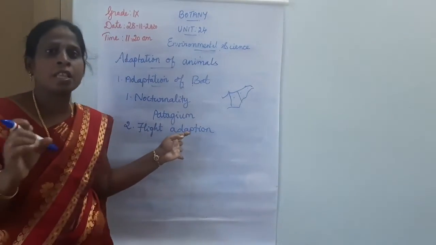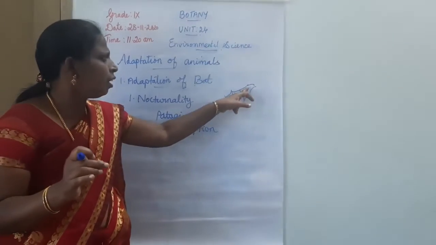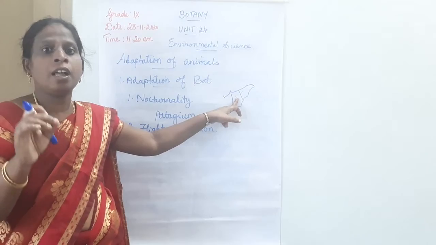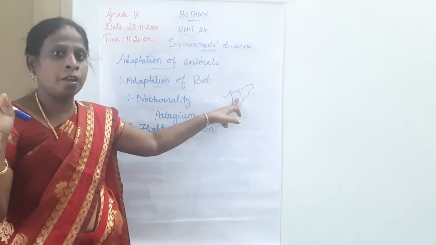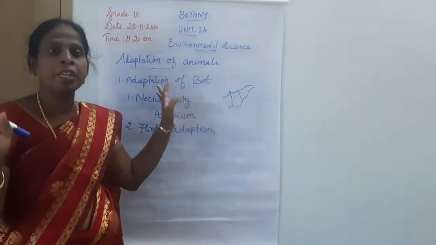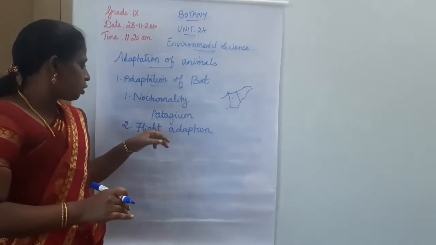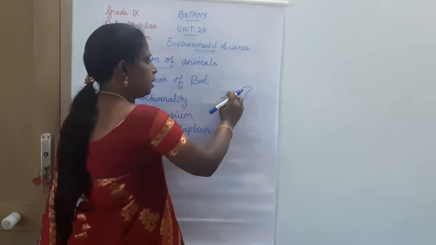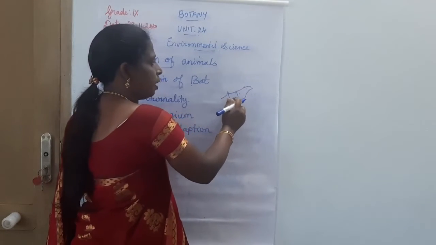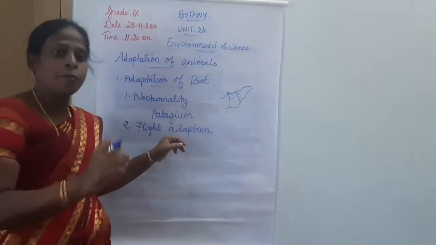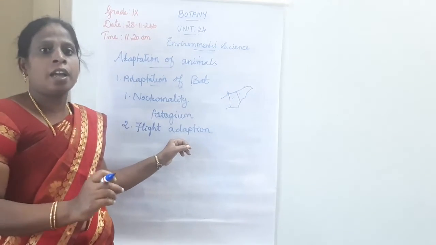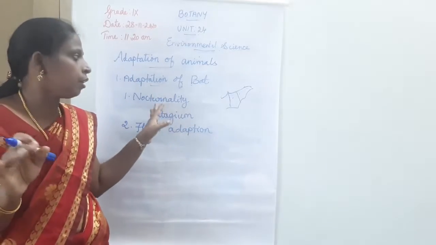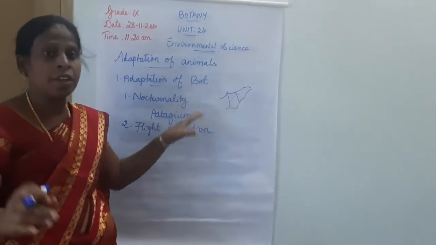Also the muscles in the wings are very powerful, and they help the wings to beat very fast. The wings consist of muscles, and it is very powerful, so it helps to move the wings very fast during flight.